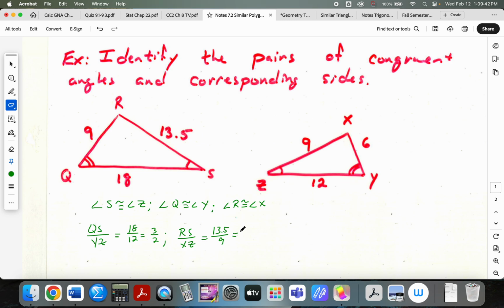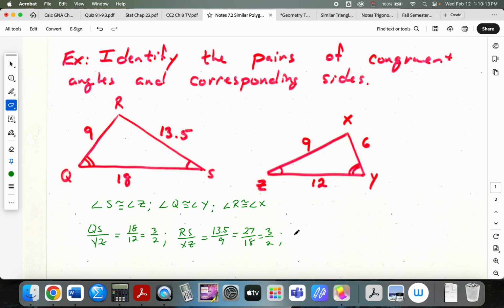So it's like unreducing. We'd multiply those both by 2, that would be 27 over 18, both of which are divisible by 9, which is 3 to 2. Now, if you can look at the 13.5 over 9 and go, oh, 4.5 goes into 13.5 3 times and into 9 twice, that's fine. Not everybody can do that, and so it doesn't matter.